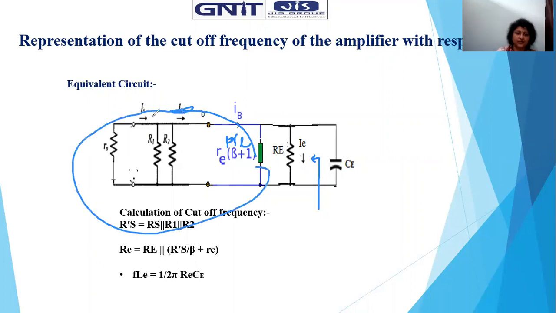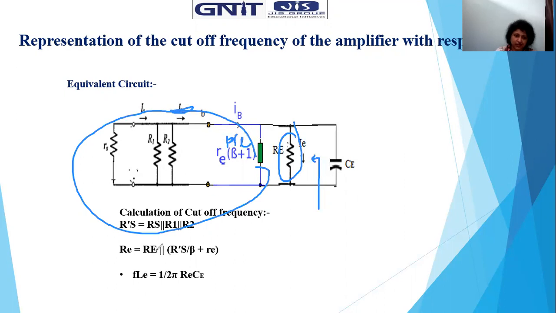Up to this part, the current flow is IB, and through RE the current flow is I, right? So what is the equivalent resistance we find? Rs parallel R1 parallel R2, that is Rs test. Now, as it is through beta RE, so what we get?